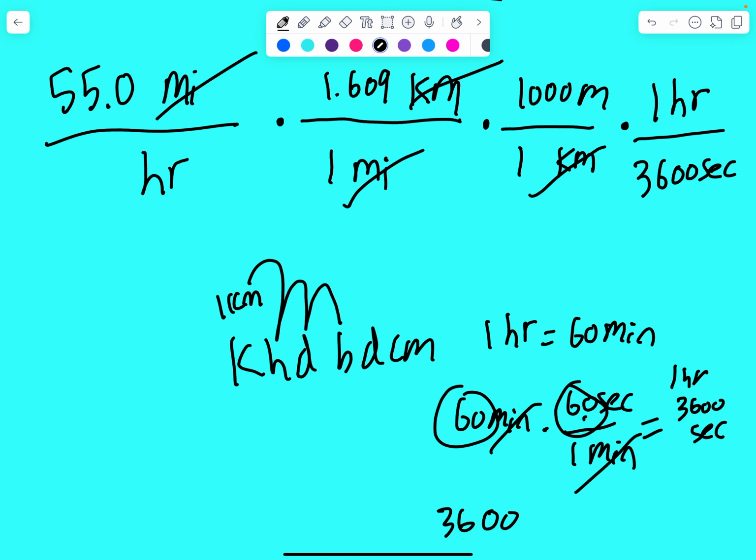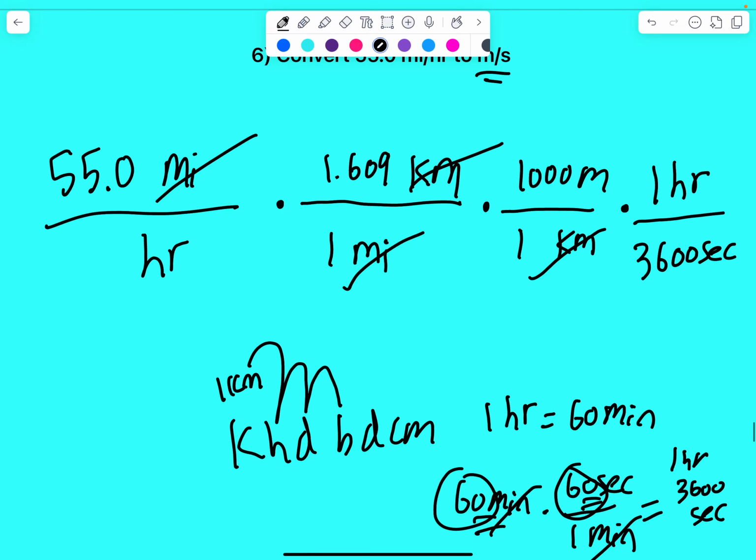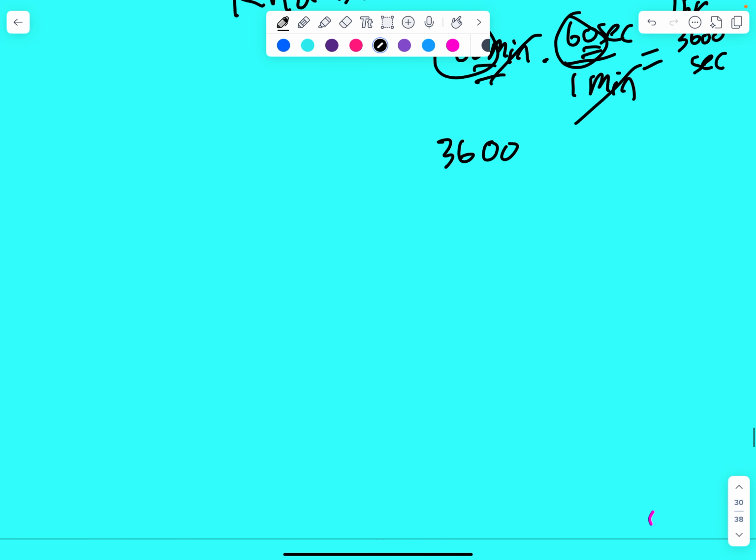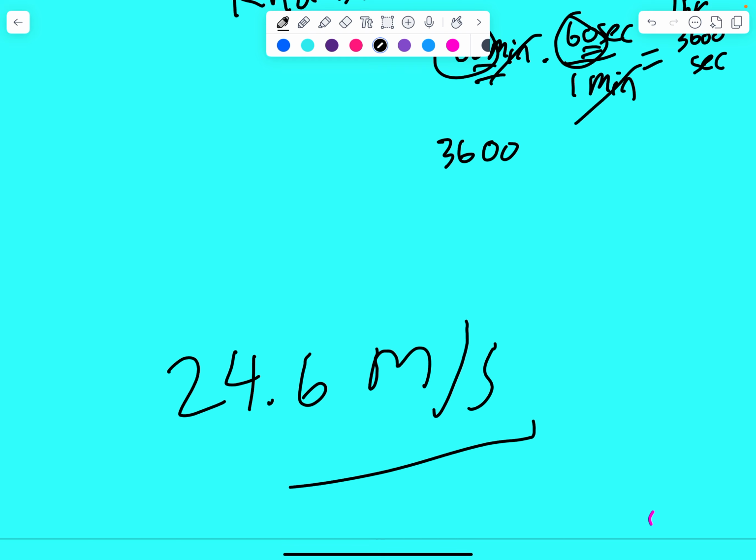Add 2 zeros. Boom, 3,600 seconds, right? So this is looking good. Hours cancels out, and then I'm at meters per second. So when I plug all of that into my calculator, I'm going to get an answer of 24.6 meters per second.